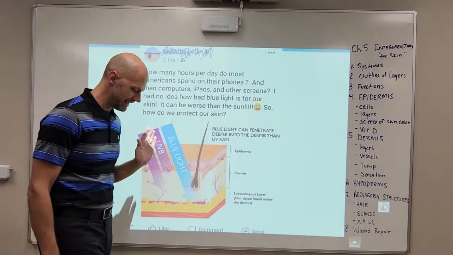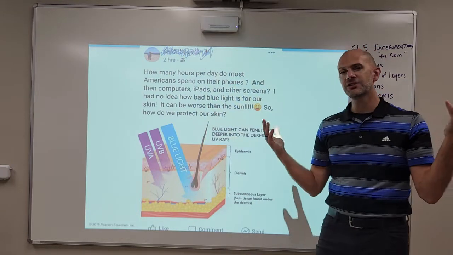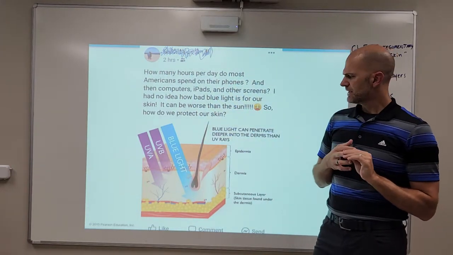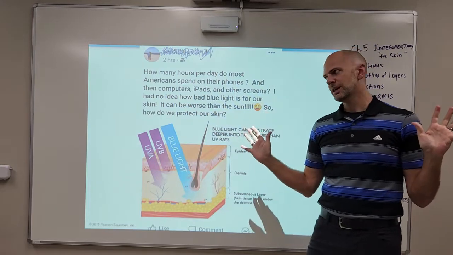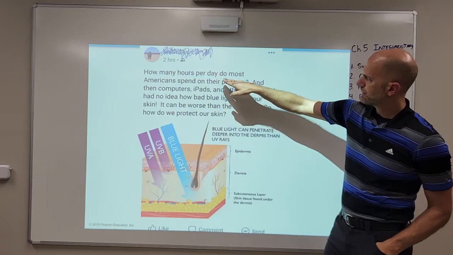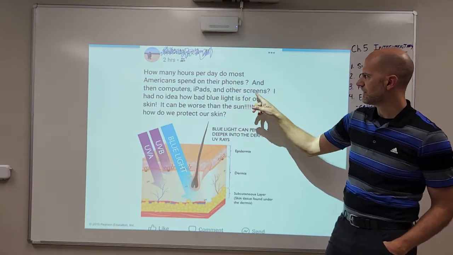All right, I chuckle. I found this on social media, which is, again, a bastion of all things sciencey and smart sounding, but in some cases it's just trash. So, protect the guilty: how many hours per day do most Americans spend on their phones, and then computers, iPads, and other screens?